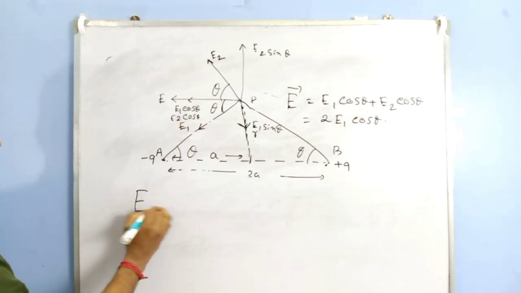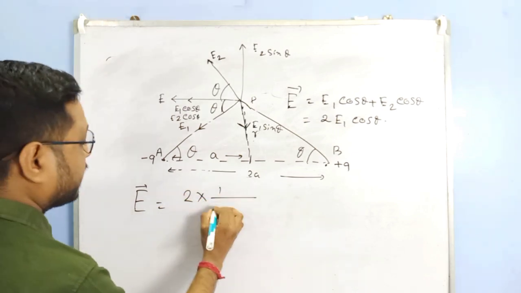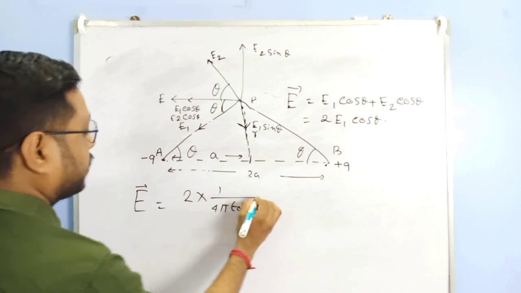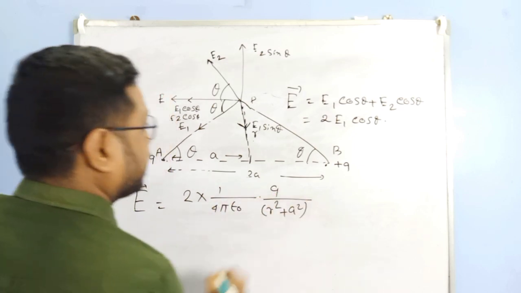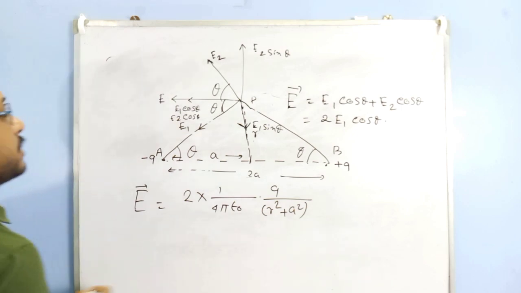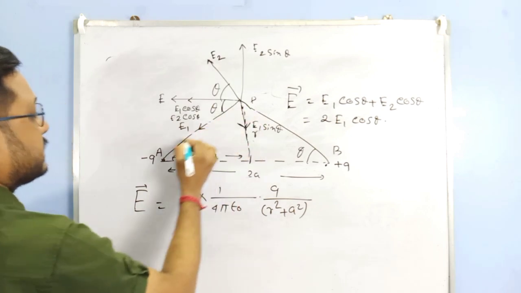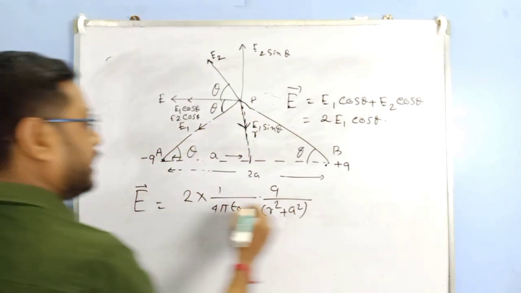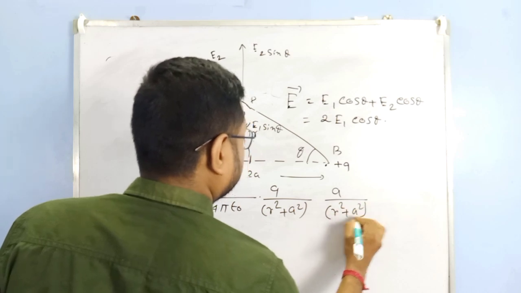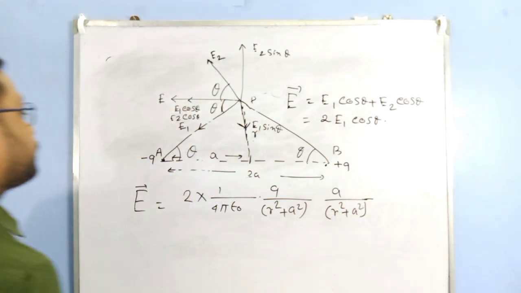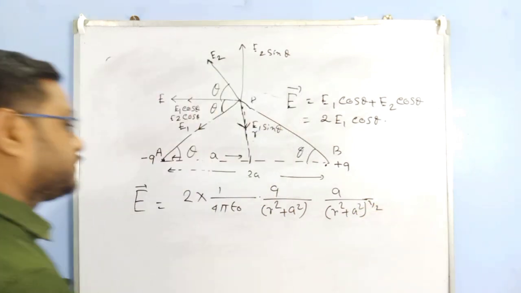So the resultant electric field E equals 2 times E1, which is 1 by 4 pi epsilon naught Q divided by R square plus A square, times cos theta. What is the value of cos theta? If this is theta, this is base and this is hypotenuse. So A divided by R square plus A square to the power half.